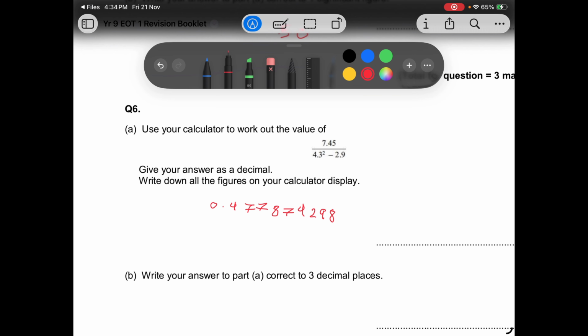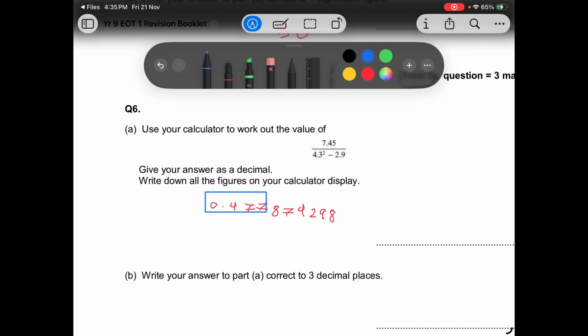Okay, so to three decimal places means that I have to keep three decimal places. This is what I have to keep an eye on. Okay, 1, 2, 3, like this.